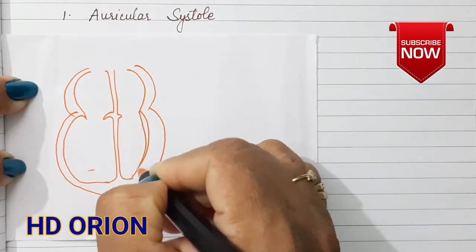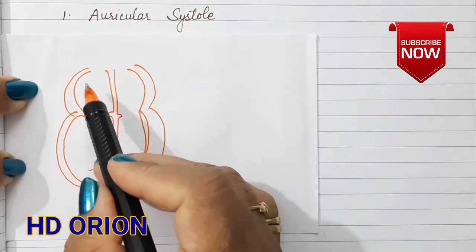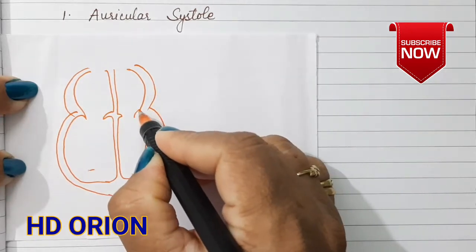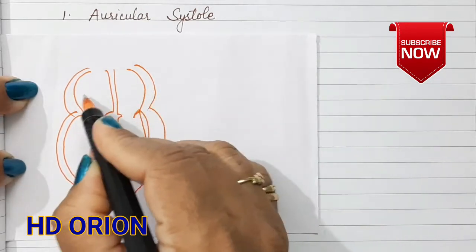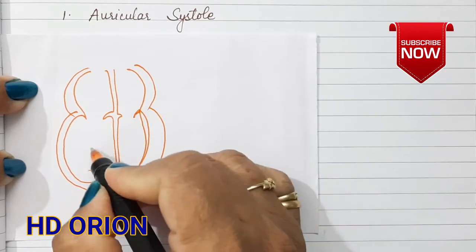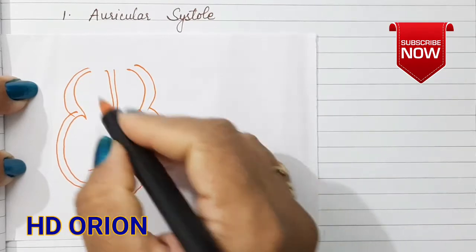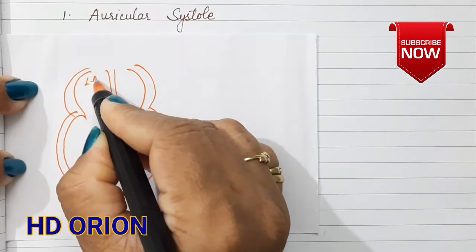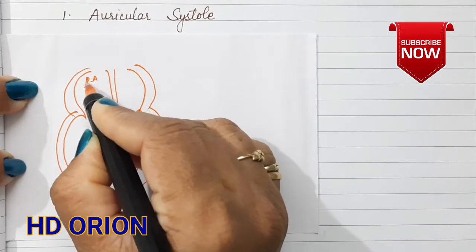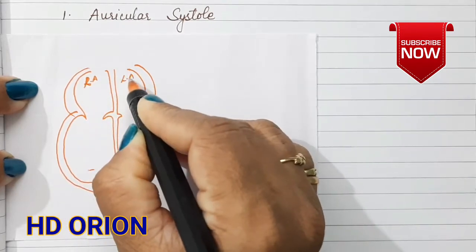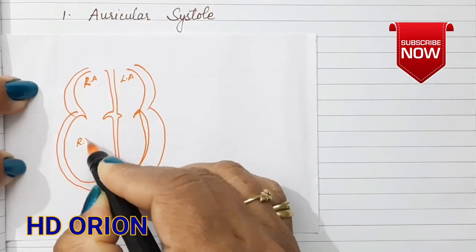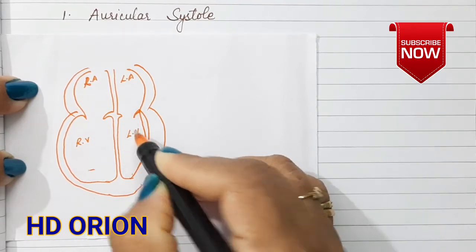Now we know that the heart has four chambers. The above two are the auricles and the below two are the ventricles. This is the right auricle and this is the left auricle. This is the right ventricle and this is the left ventricle.